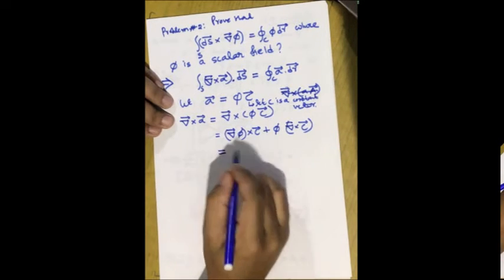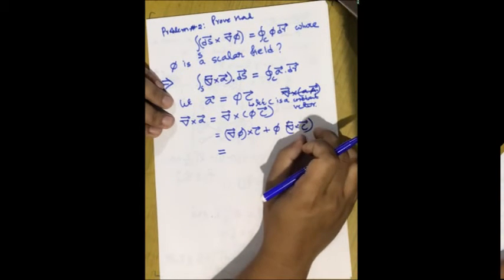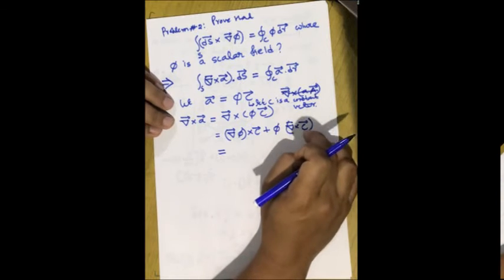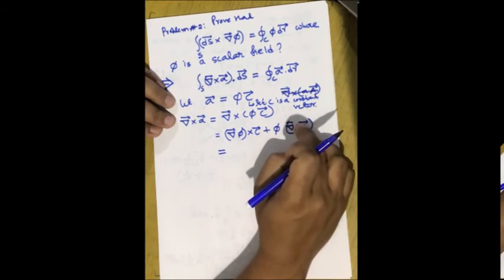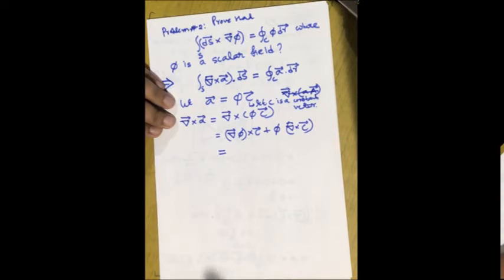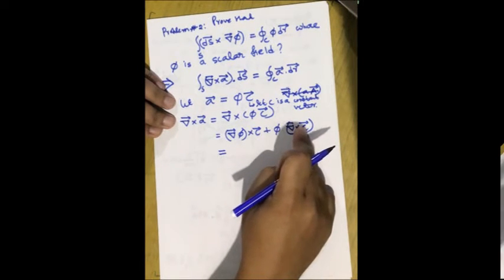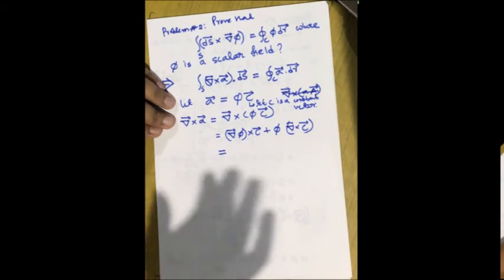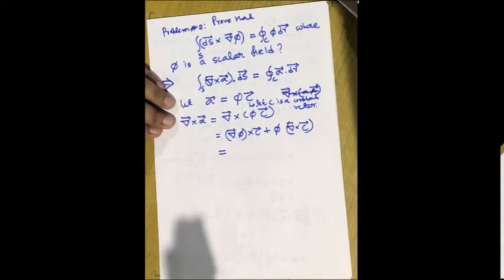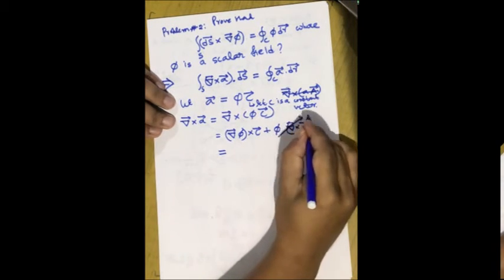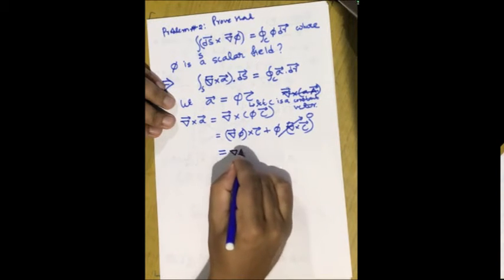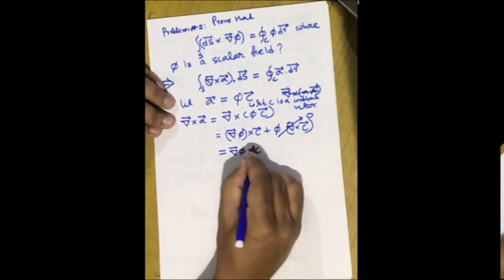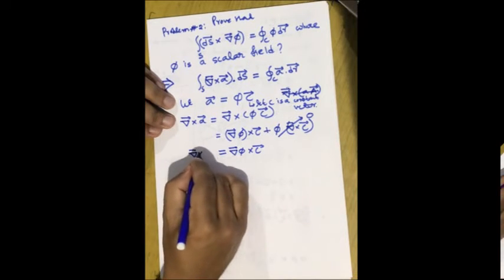So if C is a constant vector, then its curl vanishes, because the del cross operator gives us the variation of a vector in x, y, and z coordinates. Since C is a constant vector, it does not change with x, y, and z. So this term will tend to 0. We therefore write del phi cross C vector. This is nothing but del cross A vector.